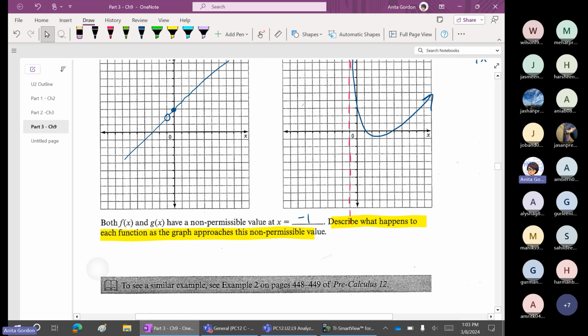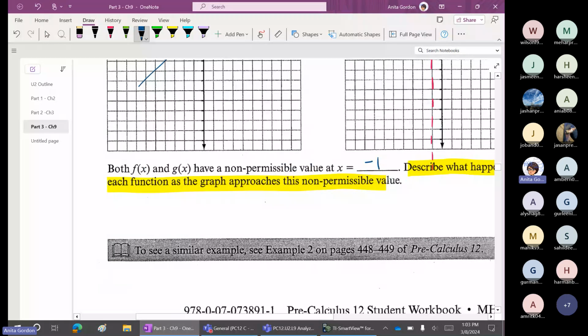Again, I'm going to split my page, f on one side, g on the other. What we want to do is describe what happens to the function as we get closer and closer to the non-permissible value. And rather than writing that whole thing as a sentence, there's a notation for it.